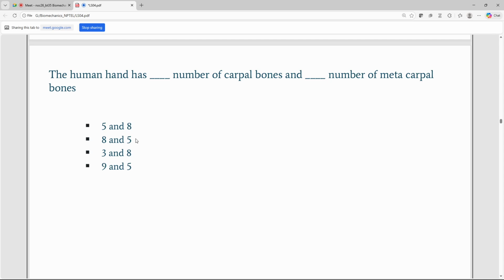Yes, answer B, that is 8 and 5. 8 carpals and 5 metacarpals.